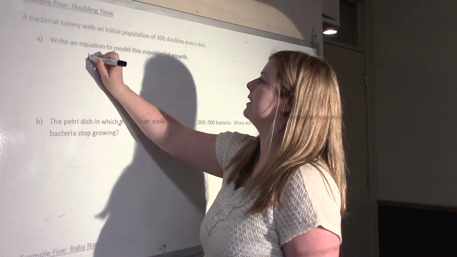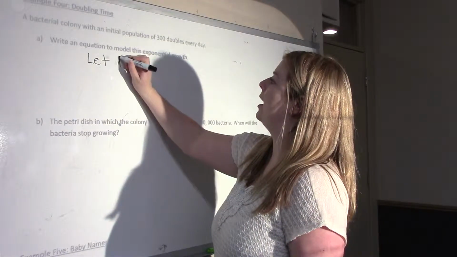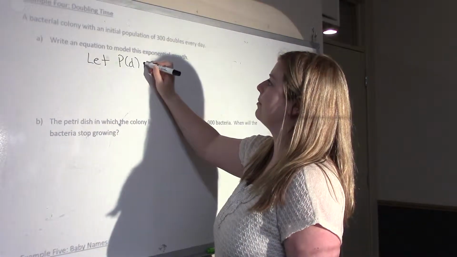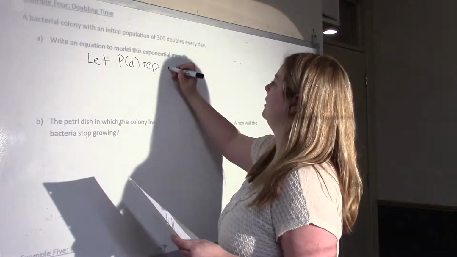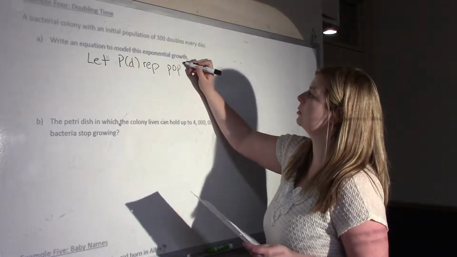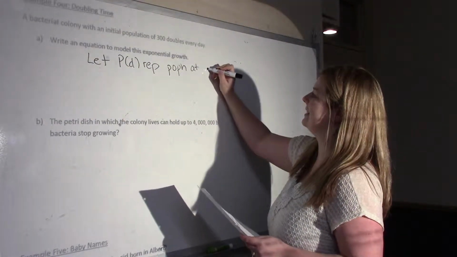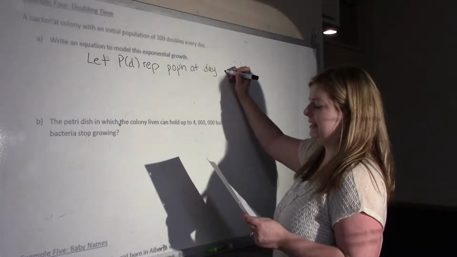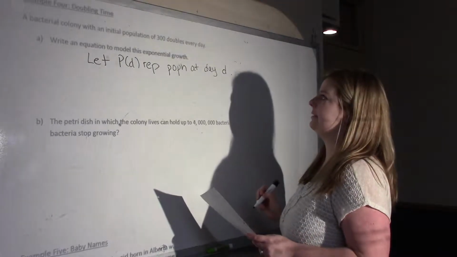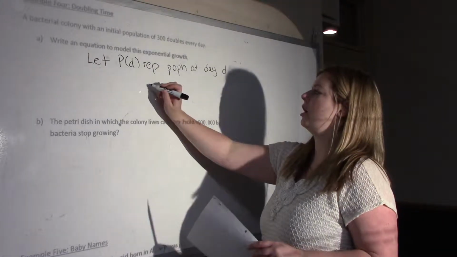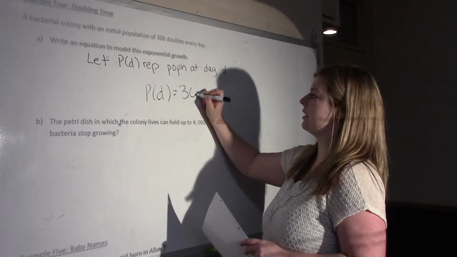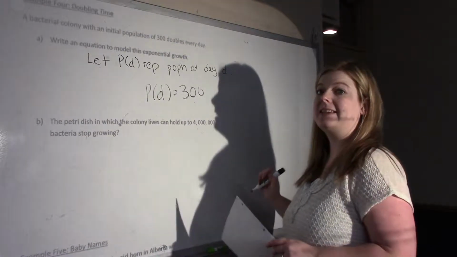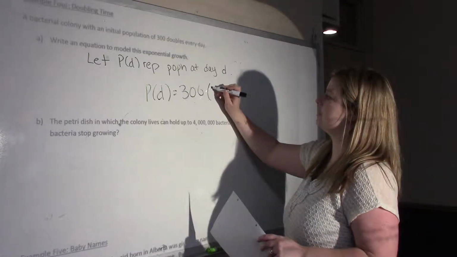So we'll say let P at D represent the population at day D. Our population starts at 300 and is doubled. So remember, that means b equals 2.